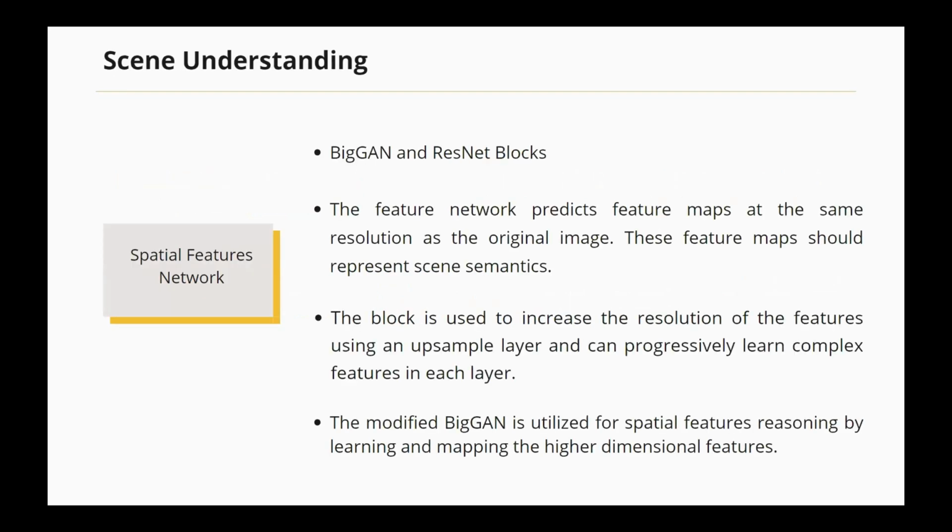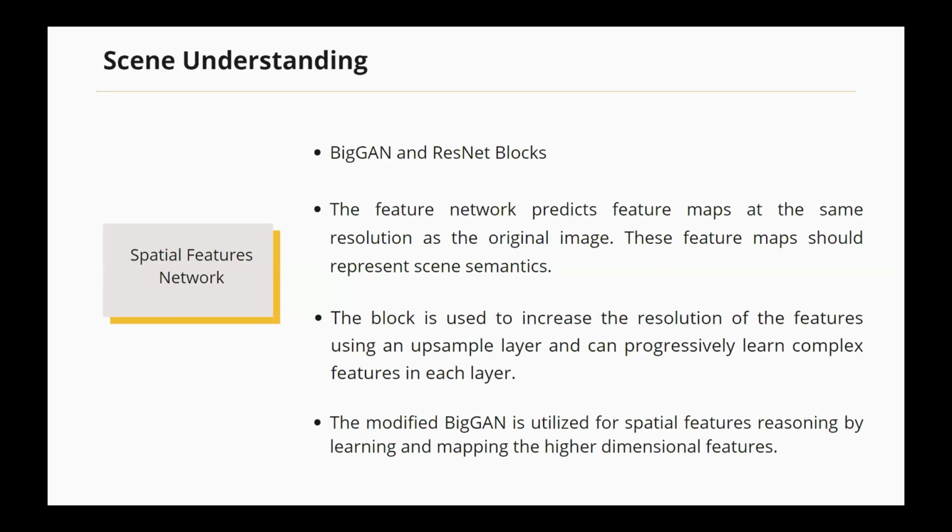Yes, so let's look into each of the modules. First, the scene understanding. We process our data and the input 2D image comes into the scene understanding module. There we have the spatial feature network and the depth regressor. These 2 networks are responsible for mapping the raw input image into a higher dimensional feature map and also a depth map.